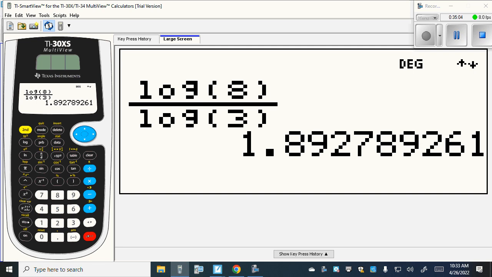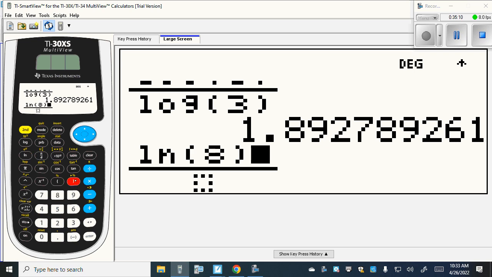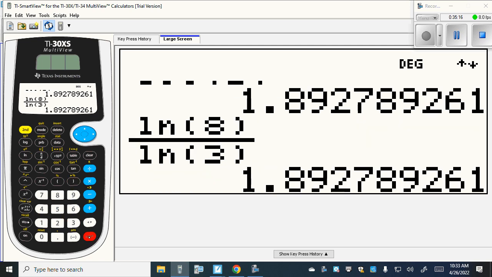Well, let's say ln of 8 over ln of 3. We get the exact same thing. So these give us the exact same answer.